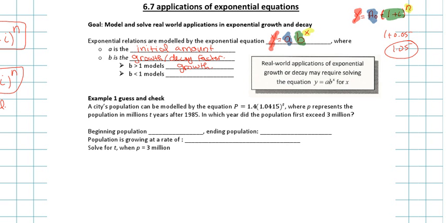Now what happens if I had a decay equation, and I have 1 minus, let's say, 0.05? What am I going to get? What's 1 minus 0.05?